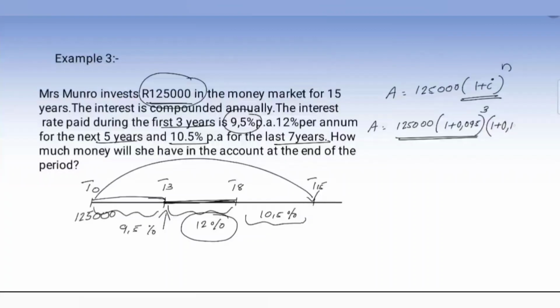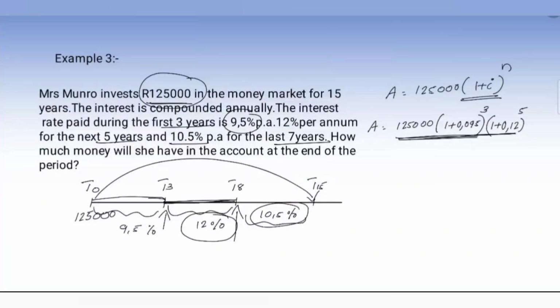That is 0.12 to the power 5. Clear? So 3 years, 9.5%, we did that one. Now that amount going to go again 5 years with the 12%. When you do this one, you are actually here. Now this amount, that is from here up until here, this has to go how many years more?